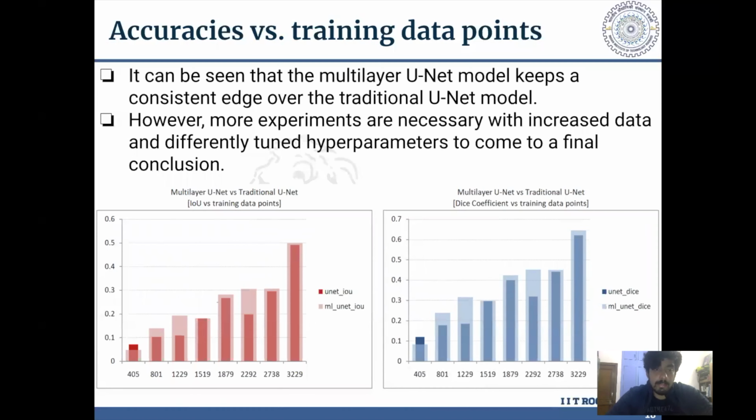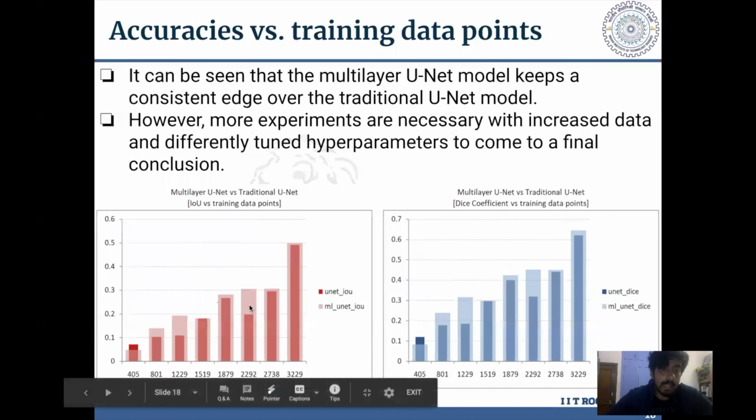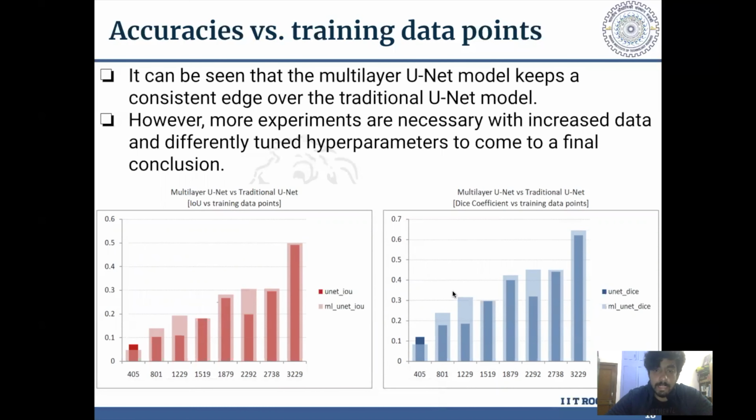Okay, here's a comparison, as I told before, between the performances of unit and multi-layer unit. The light red and the light blue colors depict the performance of multi-layer unit architecture.